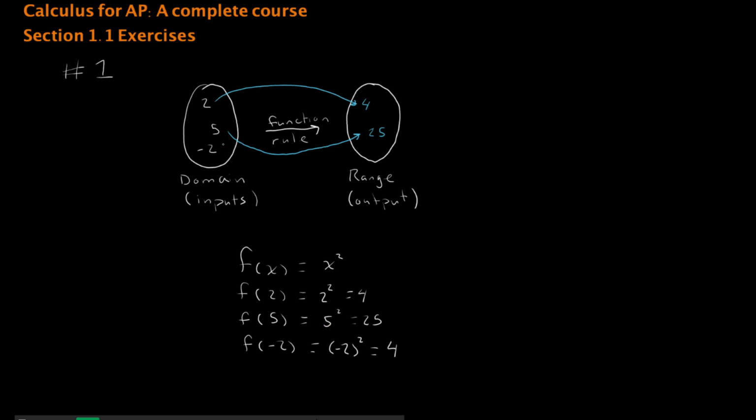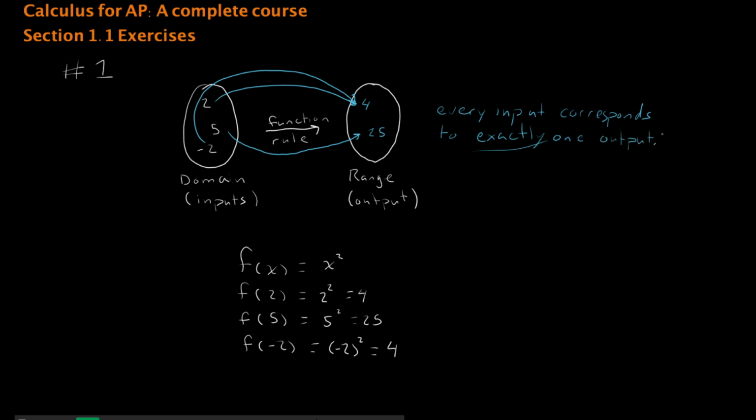Now this is actually okay. -2 goes out here to 4 also. This is actually okay because the definition of a function is that every input corresponds to exactly one output.